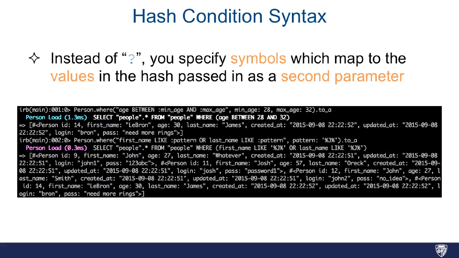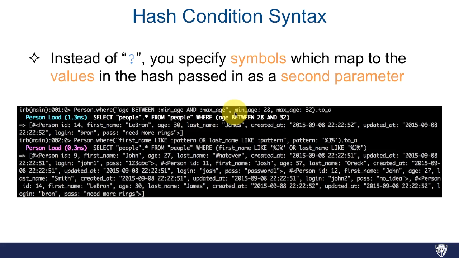Instead of a question mark, you specify symbols which map to the values in the hash that is passed as the second parameter to the method. So in this case, you have person, where age is between min age as a symbol and max age as a symbol, and you provide a hash. And remember, if you provide a hash as the last parameter to your method, which in this case it is, you have a where method, and this is your first parameter and this is your last parameter, you don't need the curlies. So in this case we are omitting the curlies.